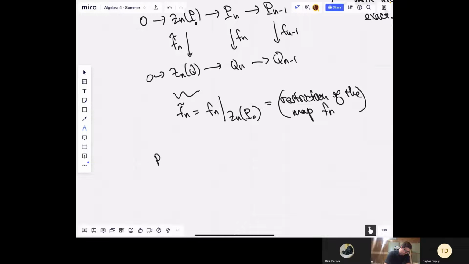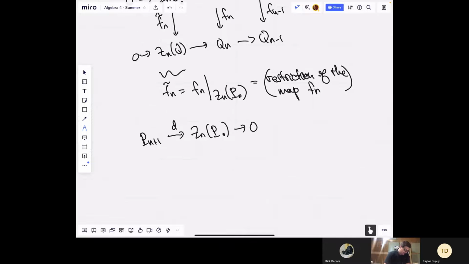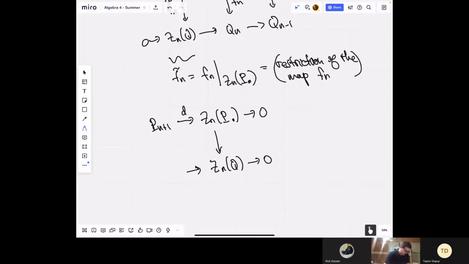The other way to break it up is to do the following. We have Pn plus 1, and this goes into Zn P bullet, and this goes to 0. Qn, G like this. So I guess this is saying that this is surjective. So should this be B?